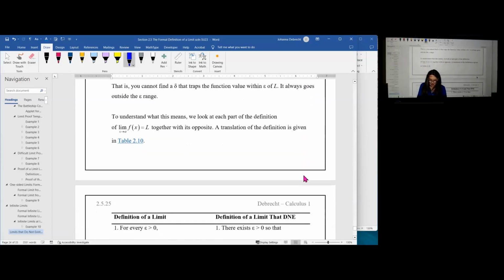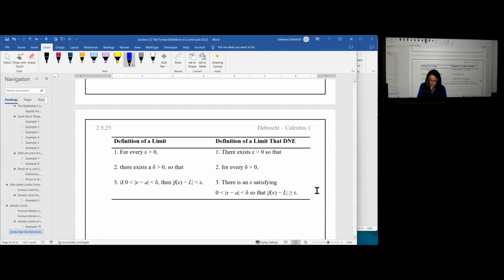Let's take a look at each part of that definition and translate it. For every L, there exists epsilon greater than 0, so that for every delta greater than 0, if x minus a's magnitude is between 0 and delta, then, and I've got an error here.